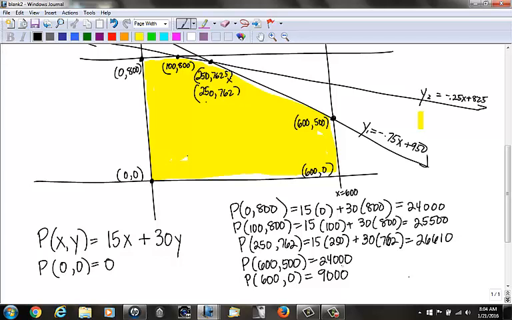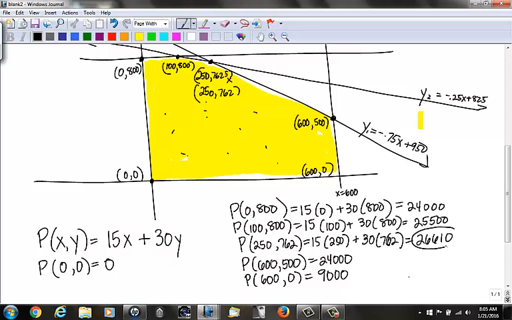Okay, so there's a wide range. You can go anywhere from 0 profit to 26,610. Any point in here is going to satisfy all the equations or inequalities. But if there is a max or a min, it has to be at the vertex because of the vertex theorem.